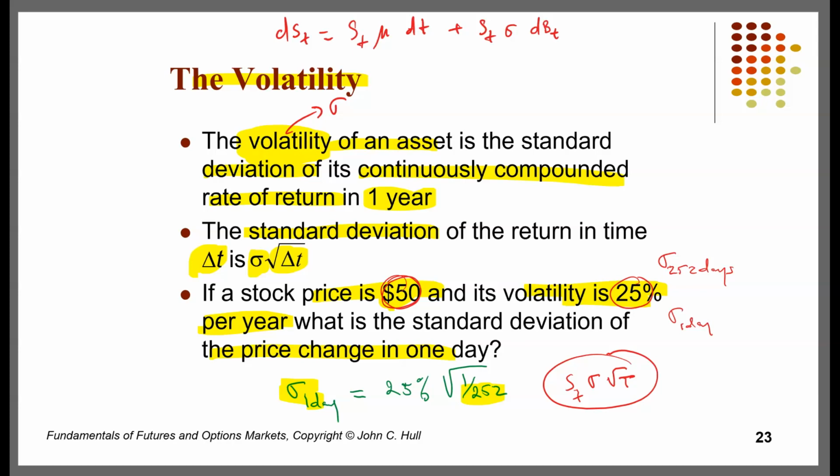And you know that the Wiener process is essentially standard normally distributed. So this really is equal to St mu dt plus St sigma. And remember, we're going to convert dBt, and we said that Bt is equal to what was that? Square root of t multiplied by the Wiener process.